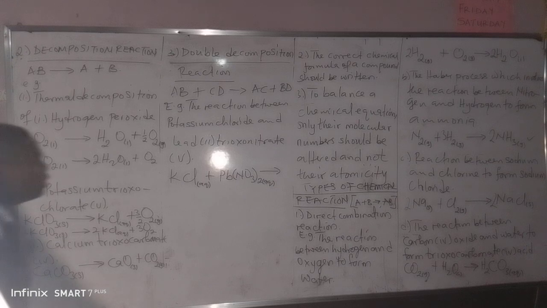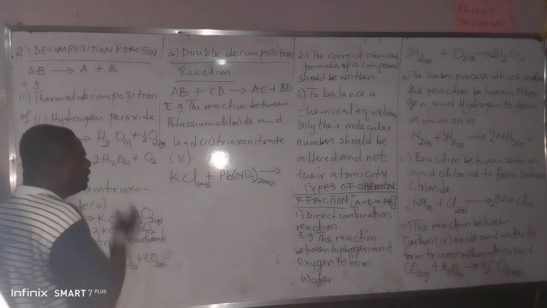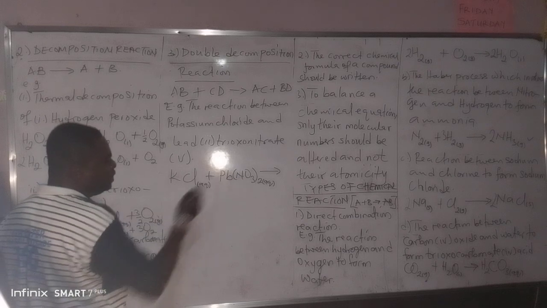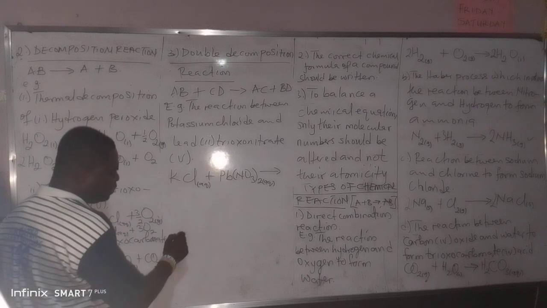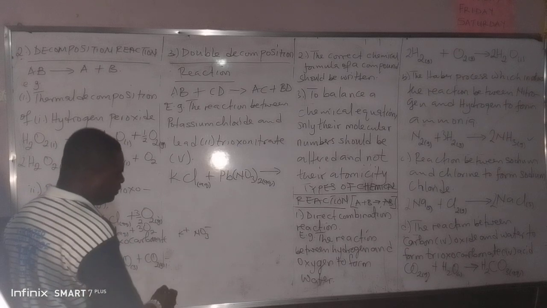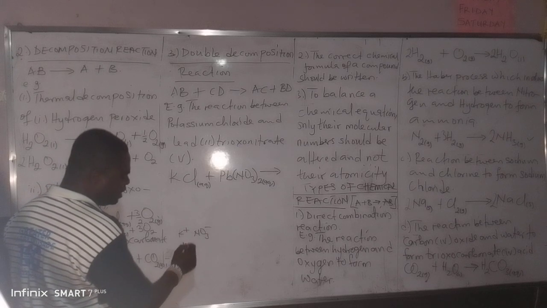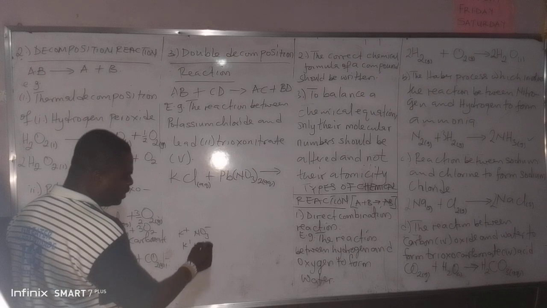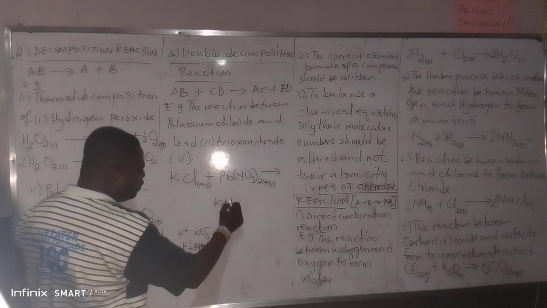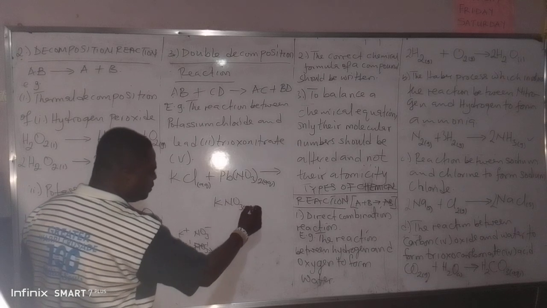Now, we want to interchange. What is happening here? Potassium will combine with the NO3. Don't forget, potassium ion is K+ and NO3 is minus. So this is K1, NO3 1. 1 comes here, 1 comes here. So the answer becomes what? KNO3, which is aqueous.